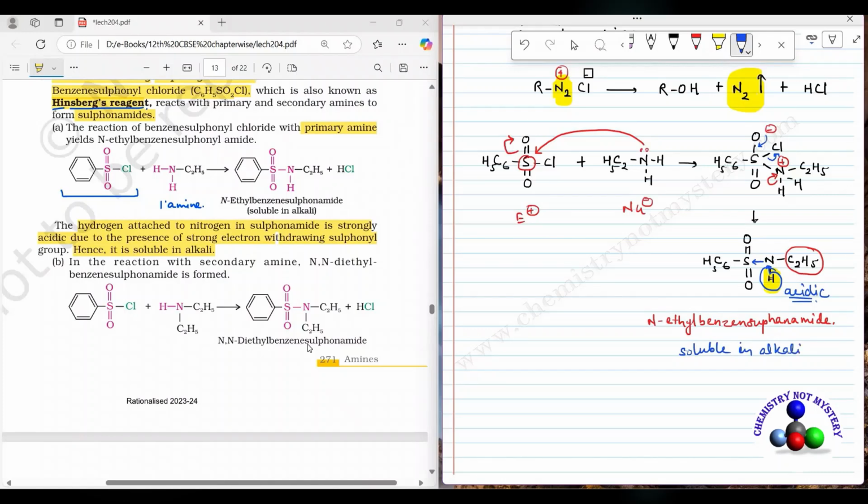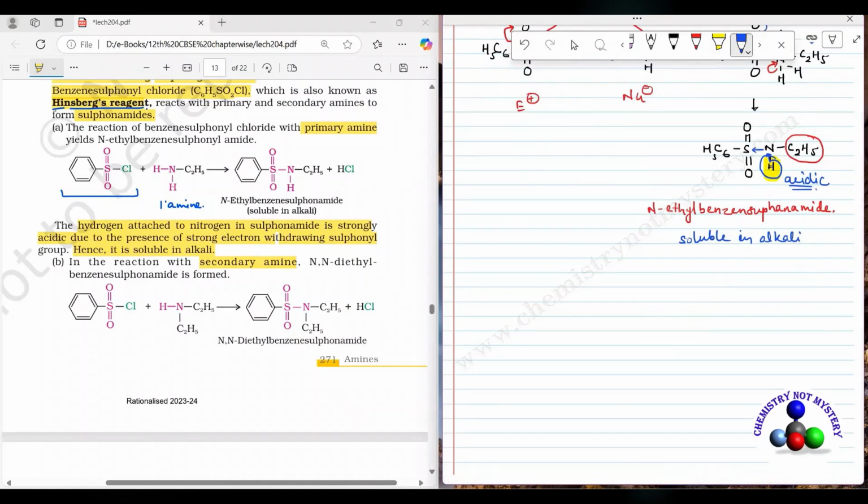Now come to the next reaction. In the reaction with secondary amines, N-diethyl benzenesulfonamide is formed. Now let's write the reaction. When it reacts with a secondary amine, one of the hydrogens attached to nitrogen will be removed to neutralize the charge over nitrogen.